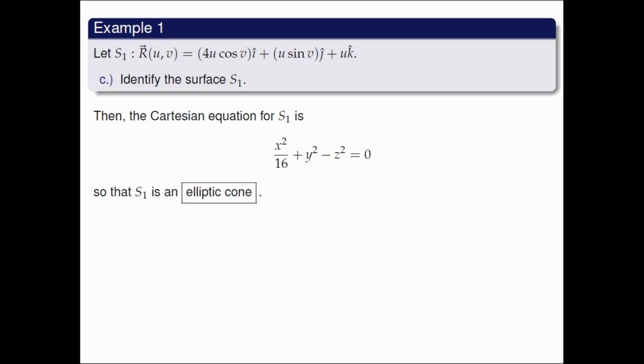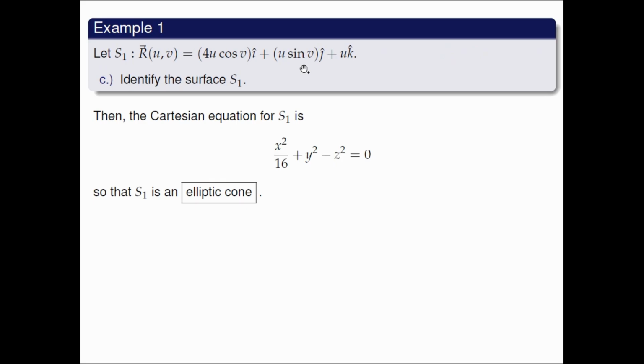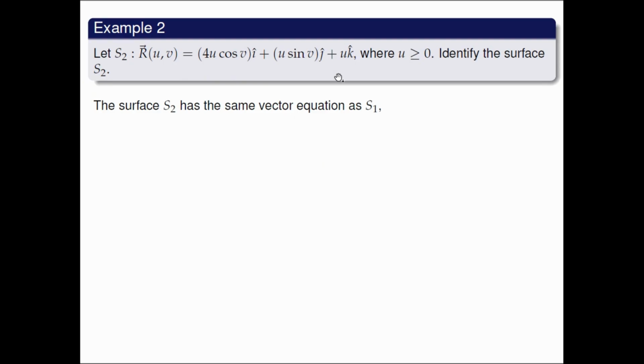We now proceed to the next example. Let S2 be the surface parameterized by this vector equation where u is greater than or equal to 0. So identify the surface S2. Observe that the vector equation for S2 is the same as the vector equation for S1. So we expect that the Cartesian equation for S2 is the same as in S1.